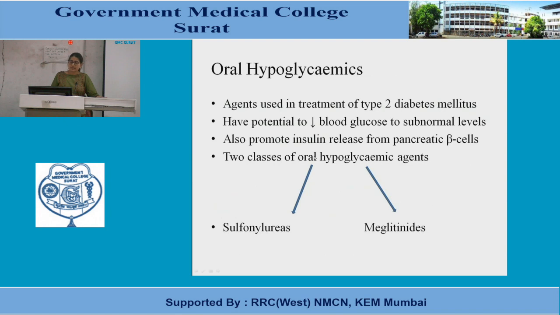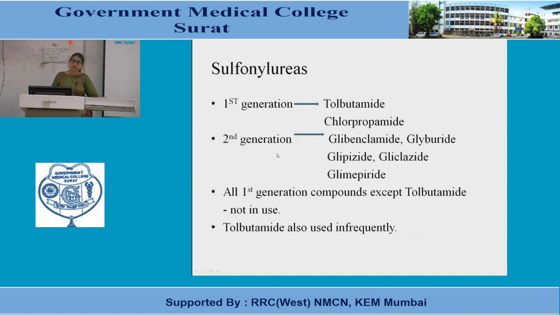As I mentioned in the classification, two classes of oral hypoglycemic agents are there, sulfonylureas and meglitinides. For sulfonylureas, we have drugs in the category of generations. In the first generation are tolbutamide and chlorpropamide.